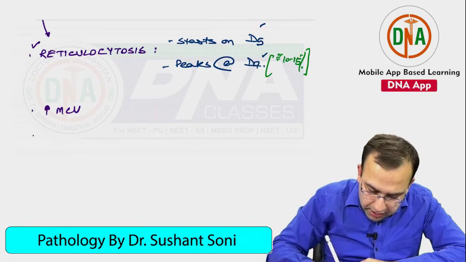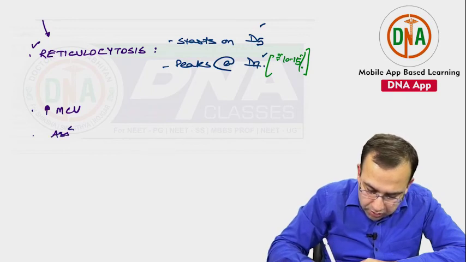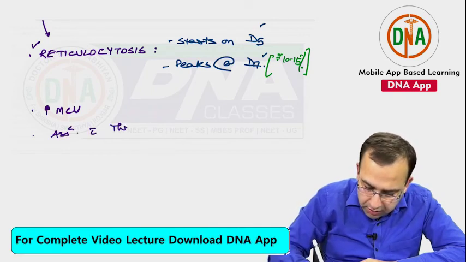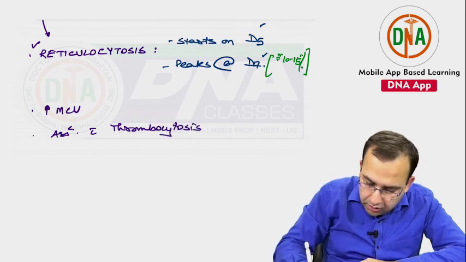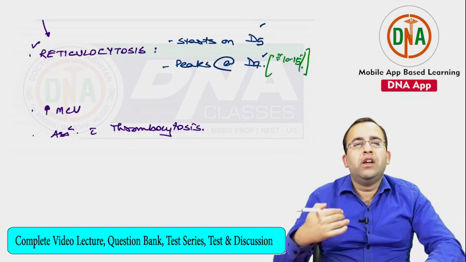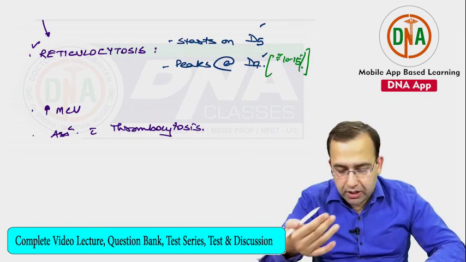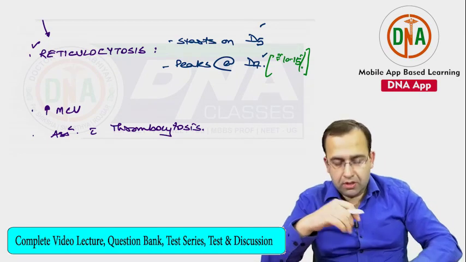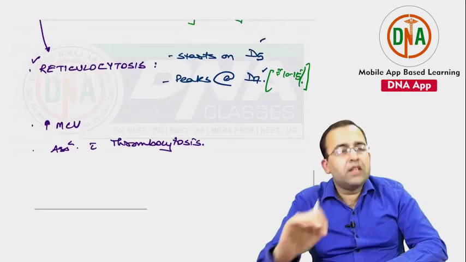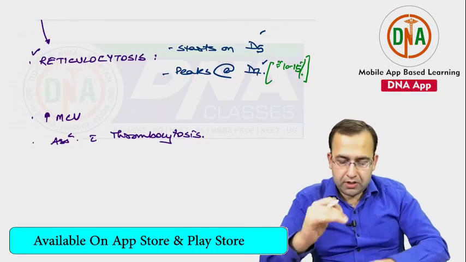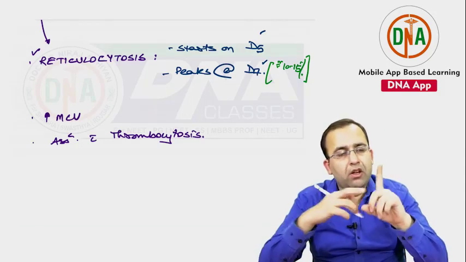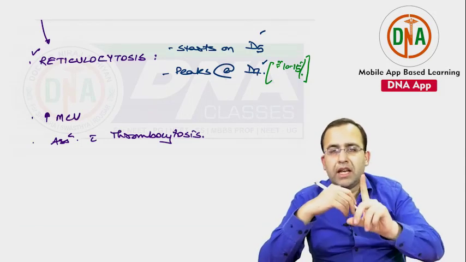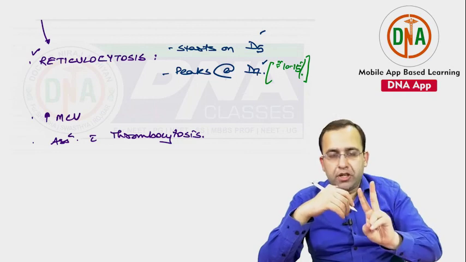And early recovery is also associated with thrombocytosis, an increased number of platelets. This was your smallest topic, that is blood loss.